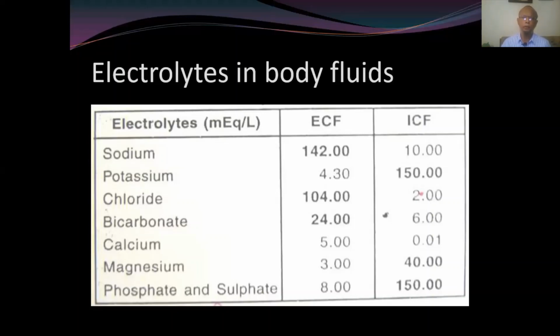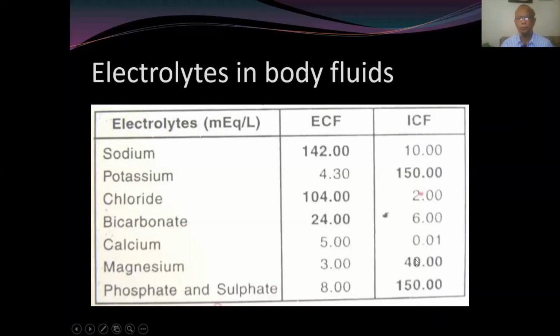In the extracellular fluid, the most important electrolyte is sodium, and in the intracellular fluid, the most important electrolyte is potassium, as you all know. And also in the extracellular fluid, chloride and bicarbonate are abundant. On the other hand, in the intracellular fluid, magnesium, phosphate and sulfate are abundant.